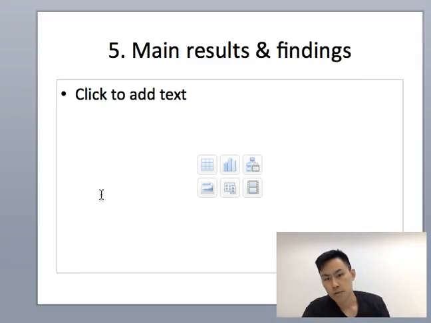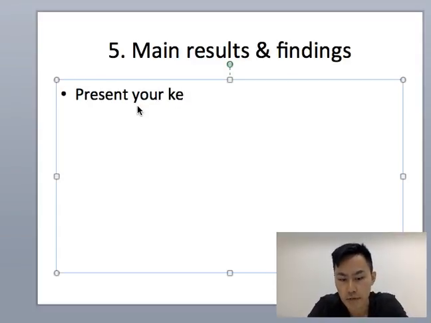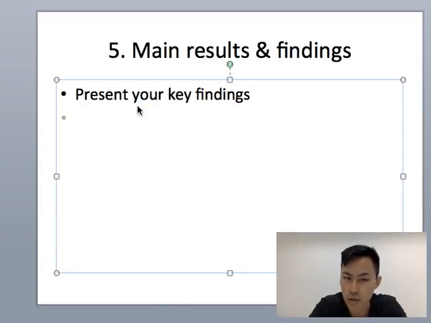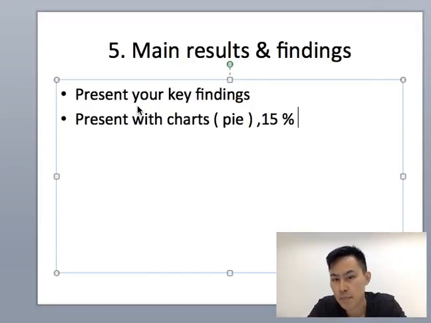And for the main results and findings, what I'm going to do for a level 7 IA is usually you have to present your key findings. And when you present your key findings, not just write a bunch of words for that, you have to present it with charts. Like you can do a pie chart, for example, if you offer maybe a 10% discount.